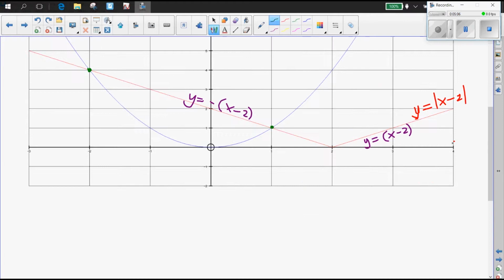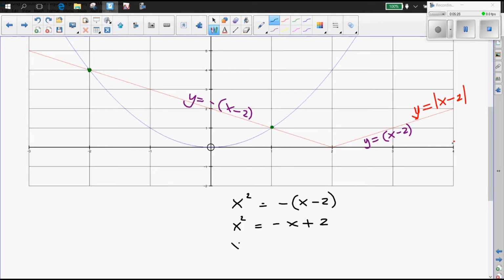So we solve simultaneously y equals x squared and y equals minus x minus 2. So we say let x squared equal minus x minus 2. Simplifying this, we have x squared equals minus x plus 2. We write this in standard form because we have a quadratic expression here.